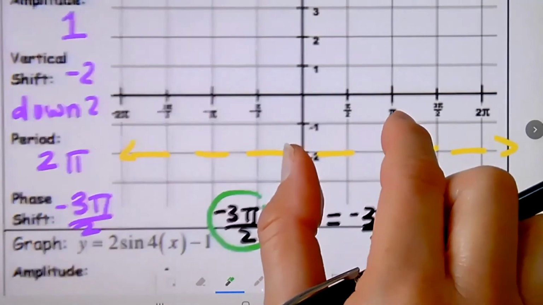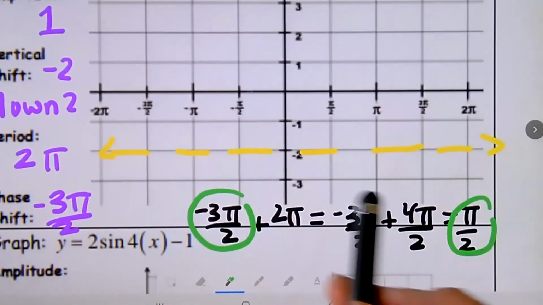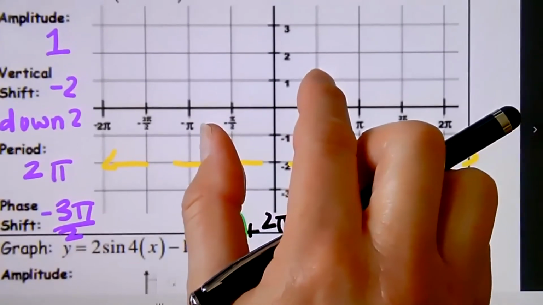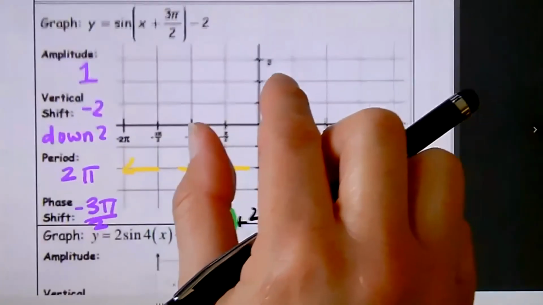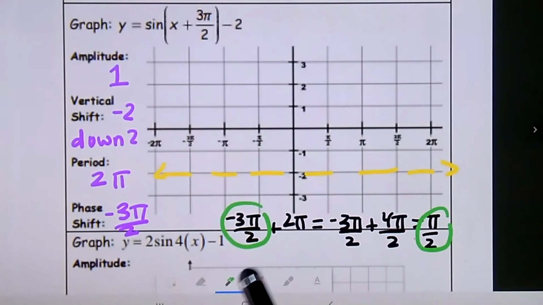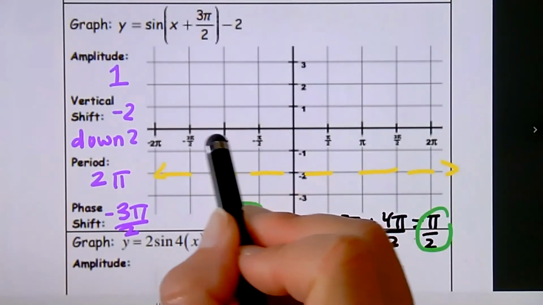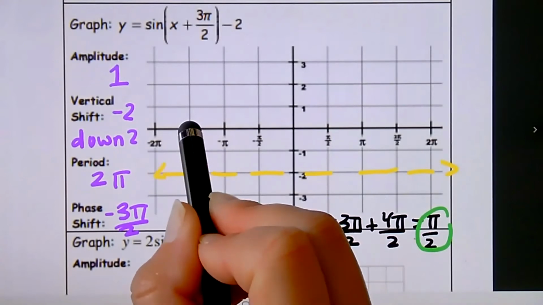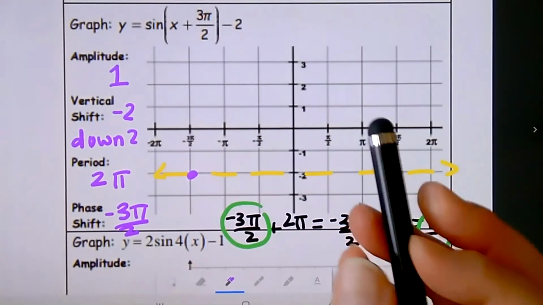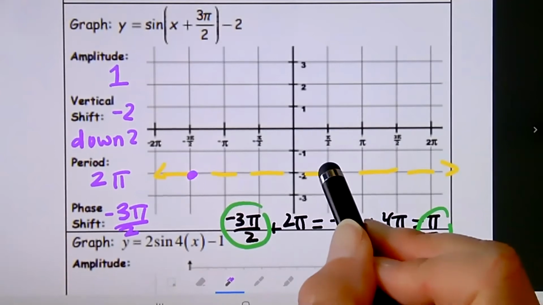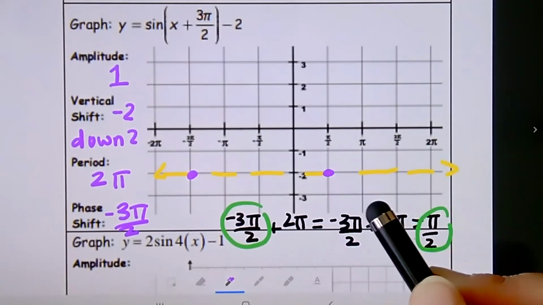So let me come up here and get the equation in there so we can see the equation. There you go. So I'm going to be starting at -3 pi halves, okay? So this is -3 pi halves, that's my 0. I'm going to be ending at pi half, which is here, okay?